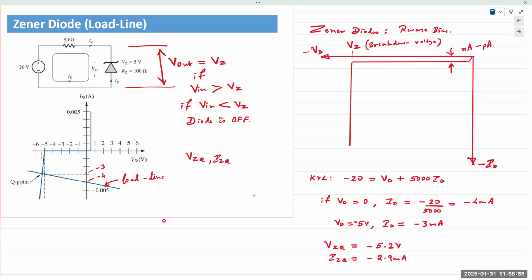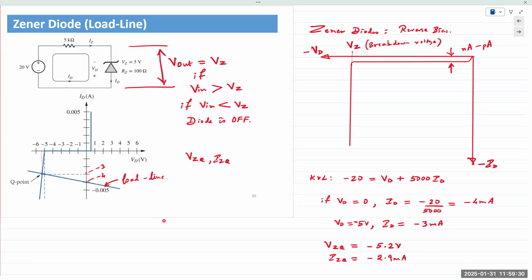So if we just refer to the Zener diode itself as a diode, the reference for the diode is anode positive, cathode negative. And hence VD for a Zener diode remains the same, positive at the anode, negative at the cathode. Current ID also maintains the same flow, flowing from anode to cathode.